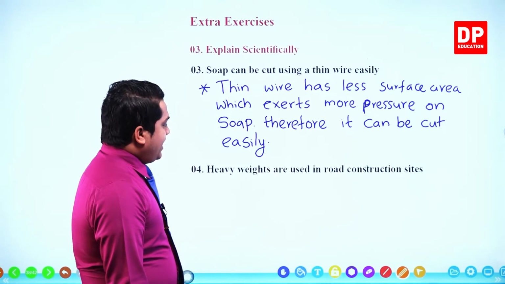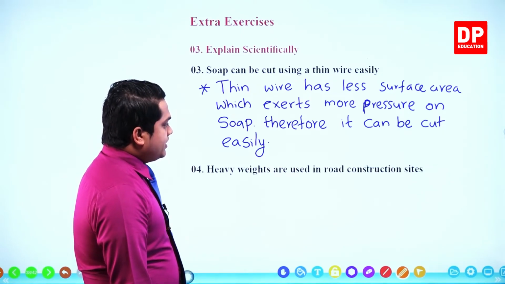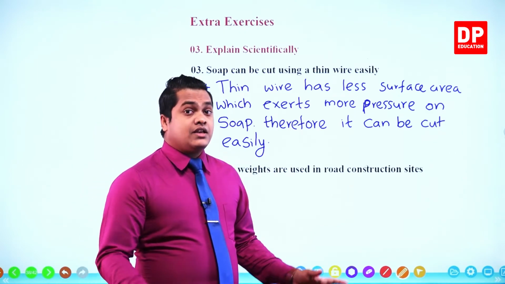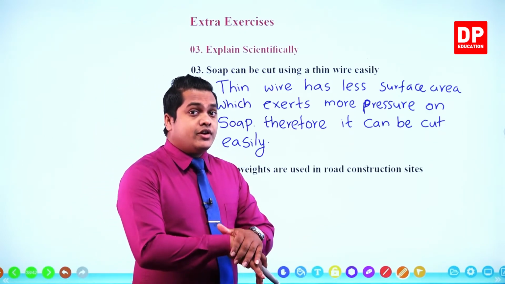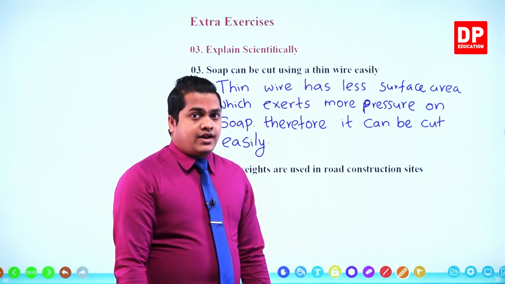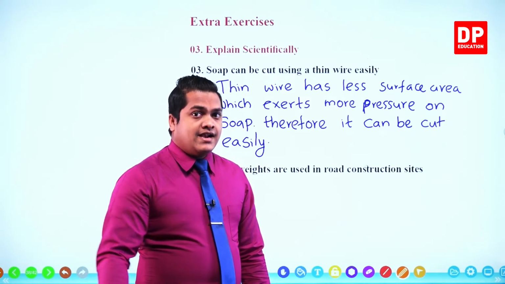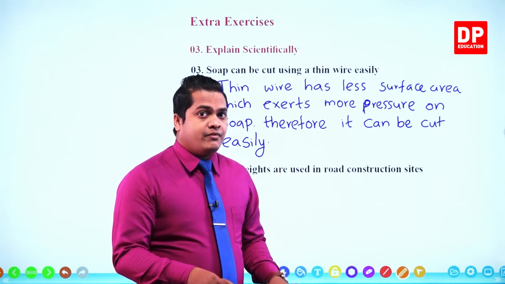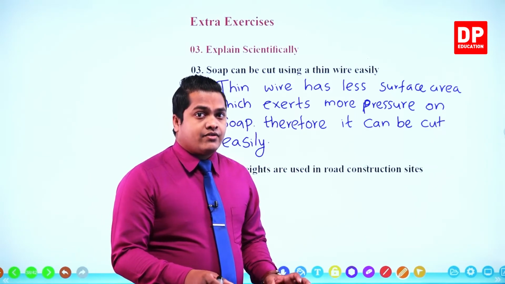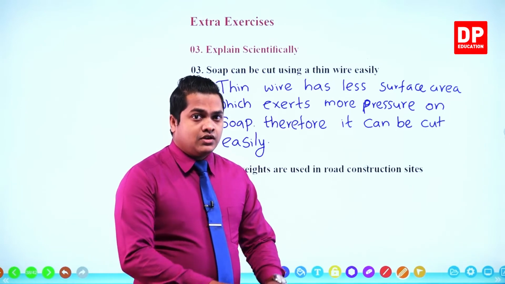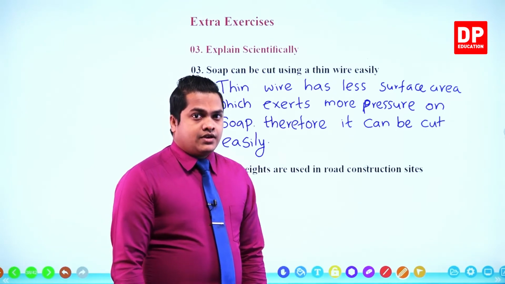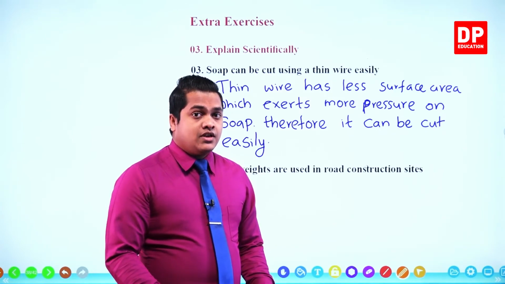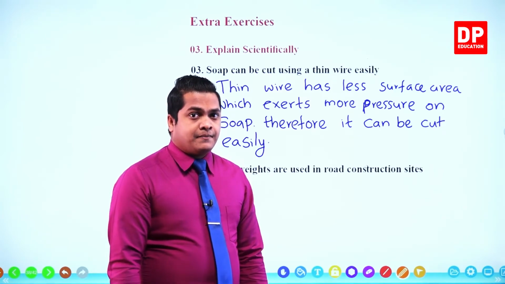Then next one, heavy weights are used in road construction sites. Heavy weights are used to increase the pressure in order to press and tie down construction stuff like metals and sand and rocks to the ground firmly. Okay. So therefore, high pressure with a high force is applied.